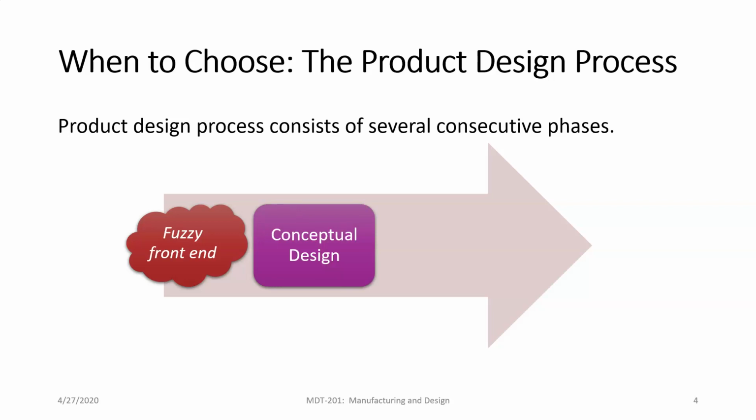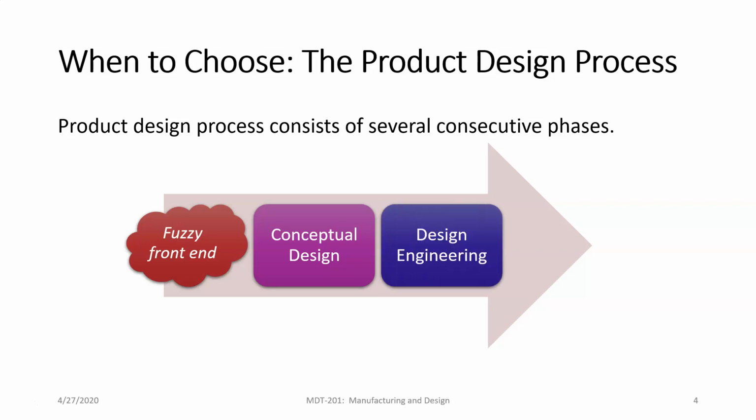Once we exit the fuzzy front end, we come into conceptual design. This is where we start to make things a little bit more concrete, right? So we start to get a better feel for how we're going to achieve our design objectives. The third step here is the actual design engineering. At this point, we have a design that we think we're going to go with.